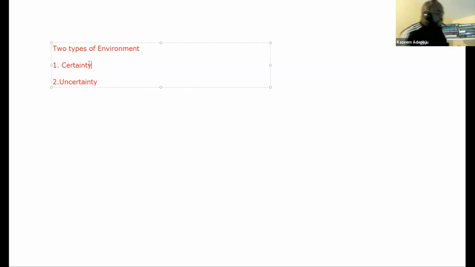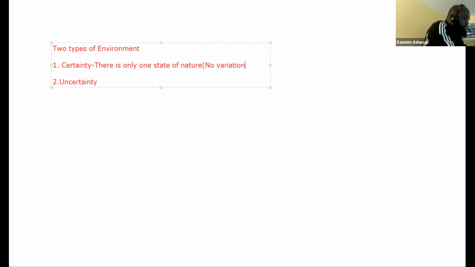In a certainty environment, there is only one state of nature. When you say there is only one state of nature, it means in that environment there is no variation. No variation, nothing to worry about.